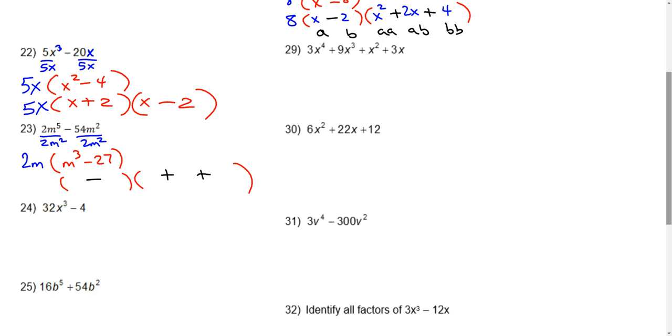Opposite, always positive. Formula is AB, AA, AB, BB. Cube root each term, you get m and 3. So m times m squared. M times 3, 3m. And then 3 times 3 is 9. Then you just pull the GCF down to the front. There's your answer.